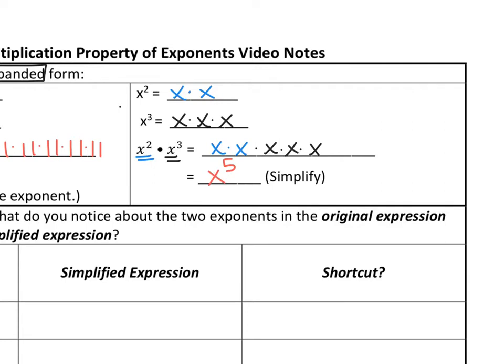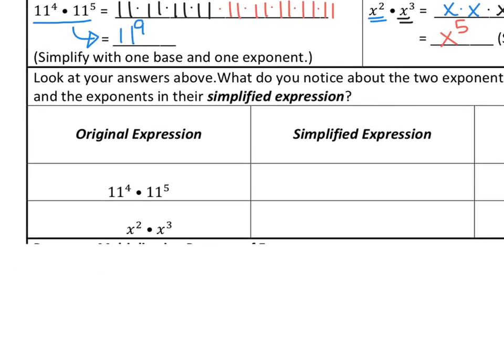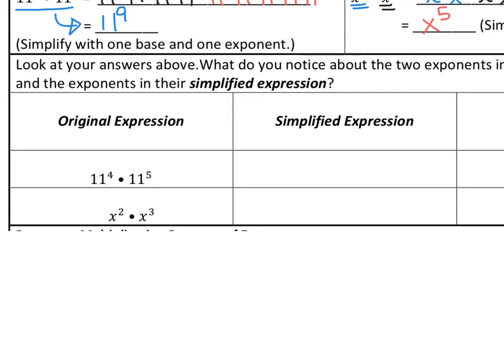So we need to try to find a shortcut for this so we don't have to write out all those x's. So let's take a look at our original expression right here. When we had 11 to the fourth times 11 to the fifth, we ended up with 11 to the 9th. And then when we had 11 squared times 11 cubed, we ended up with 11 to the 5th power. So what can the shortcut be?